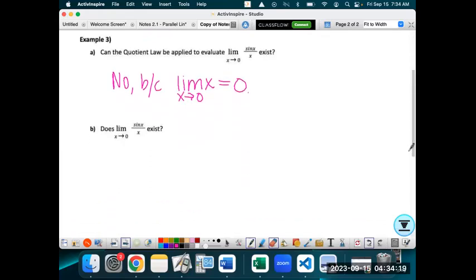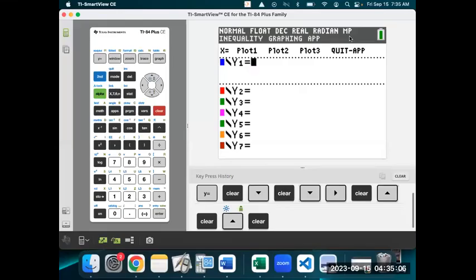So the next question we have is, well, does that limit even exist in the first place? Let's take a look at the graph. I'll put that in your graphing calculator and mine will pop here in just a second. For those of you with the newer calculators, if you do alpha x, you can get a fraction to pop up.